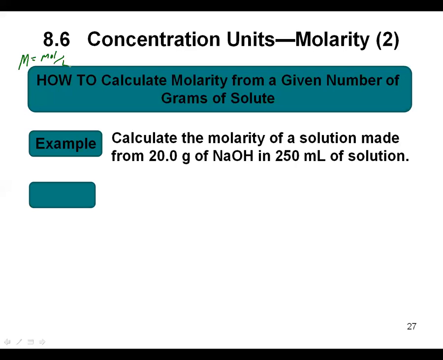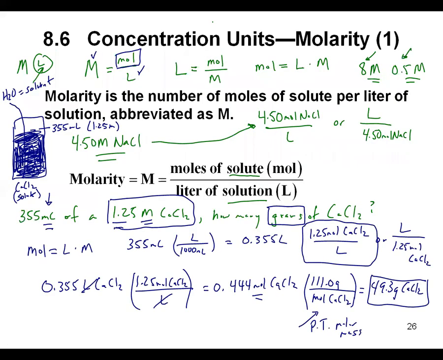If you have the liters and the molarity, which is a very common calculation, you can get the moles, and that's something that you do a lot in chemistry. If you have the moles and the molarity, you can get the liters by dividing the two. So those are three ways that you can rearrange this equation to solve for what you're looking for.